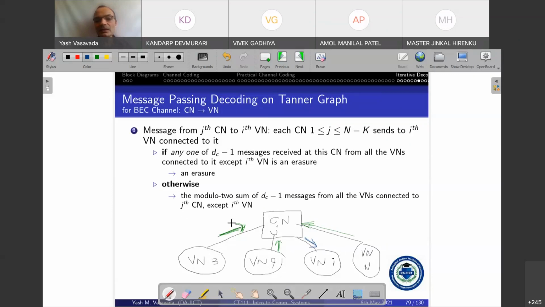Then CNJ is going to say to VNI that you are obviously the modulo sum of all these green messages that I'm getting, because that is how the parity check is defined. So in this otherwise part, this CNJ is going to just send the modulo sum of VN3, VN9, and VNN to VNI.